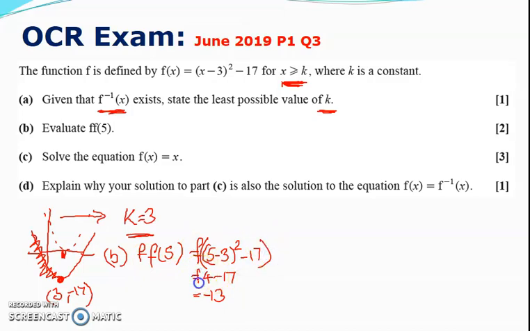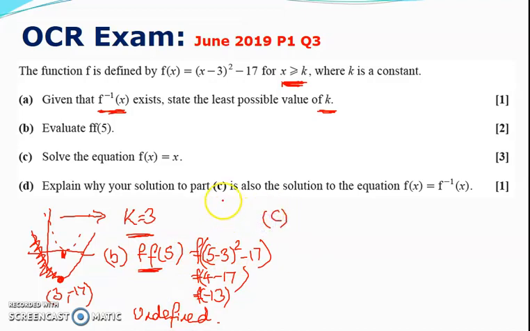That's really what I should have written. And I've got to do f of minus 13. But that's the point, you see, minus 13 is over there somewhere. I can't put f of minus 13 into it. So this is what we'd call undefined. We're not allowed to put that into it, so therefore, because I've got double f of 5, f of 5 is fine, but f of f of 5 I can't do, which is what they want me to do.